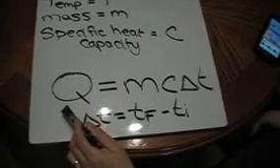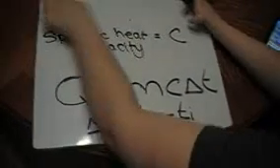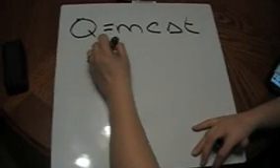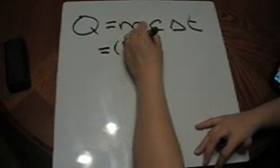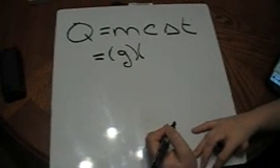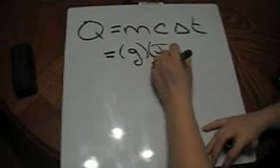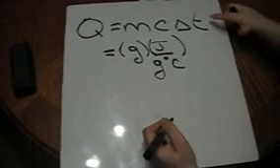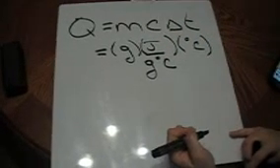So when we look at the units of Q, if Q equals mass times specific heat capacity times temperature, mass is in grams, and specific heat capacity is in joules per gram per degree Celsius, then the temperature also has to be in degrees Celsius.